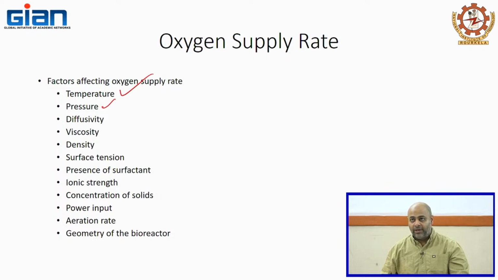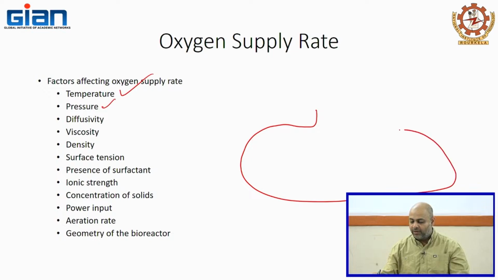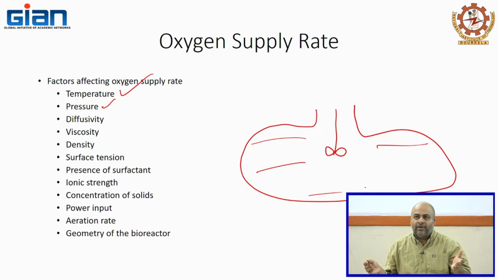Geometry of the bioreactor. You will never like to use a bioreactor of this geometry, where you only have a small impeller in the center and the mass is everywhere else. You are not going to have enough mixing.